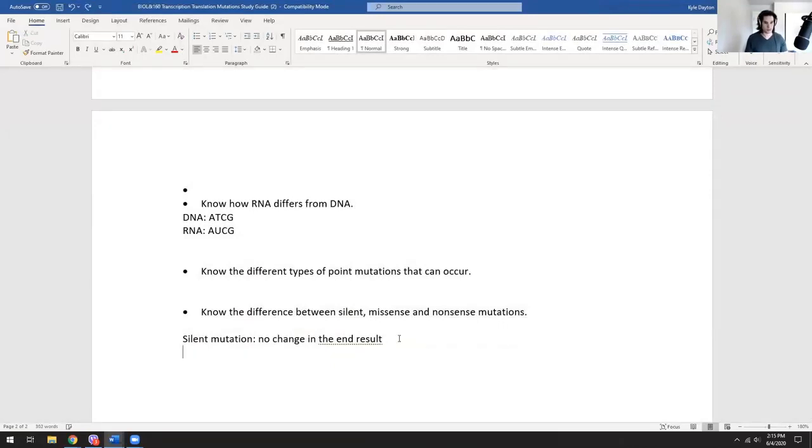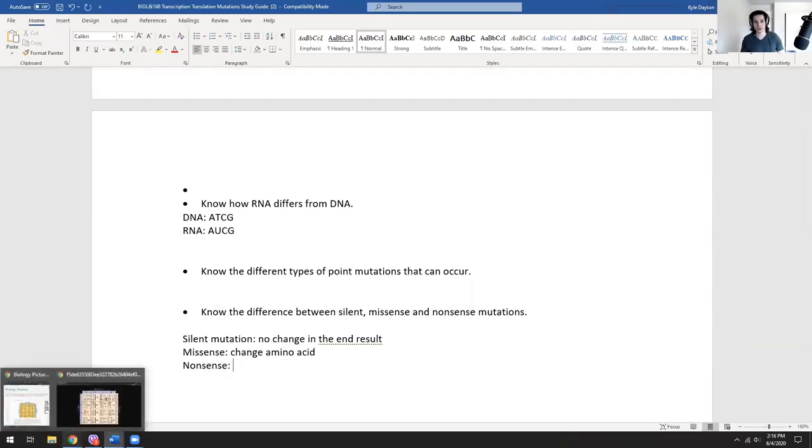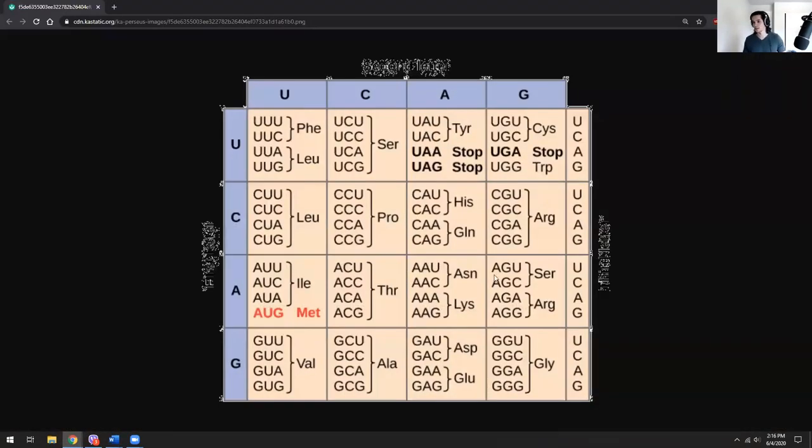It changes the amino acid. Now, a nonsense mutation, I like to associate that non in nonsense with no, or with stop. With no, you're no longer going to create your protein.